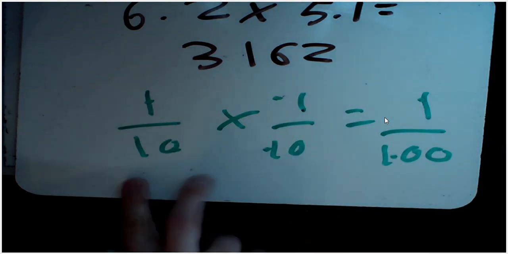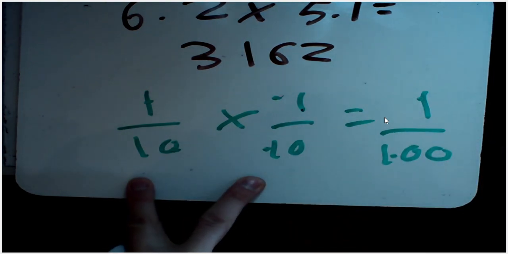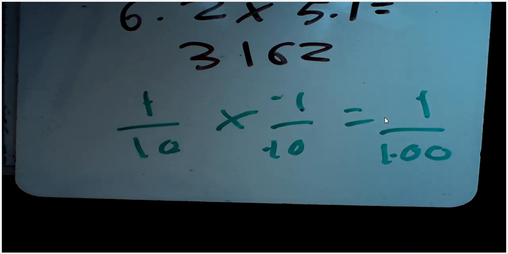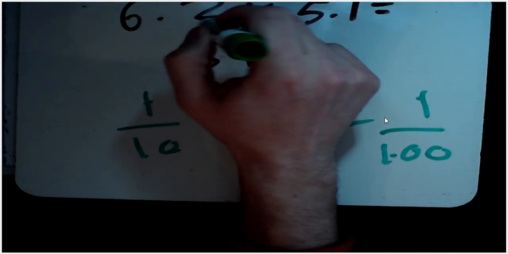When you multiply a tenth and a tenth together, your number is actually breaking into smaller pieces. It's 1/100th. Since that product is 1/100th, the product of 6 2/10 and 5 1/10 will have to have 2 decimal places. So again, using our tried and true strategy, you see 1, 2.